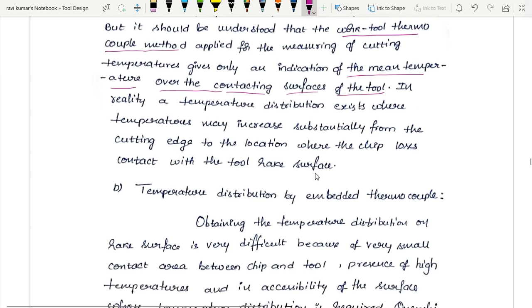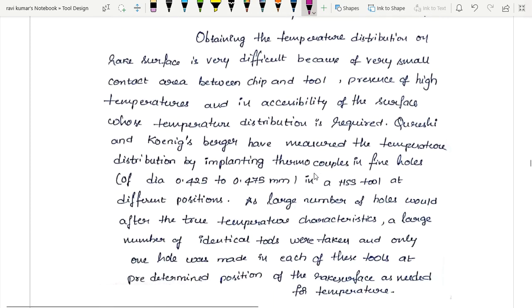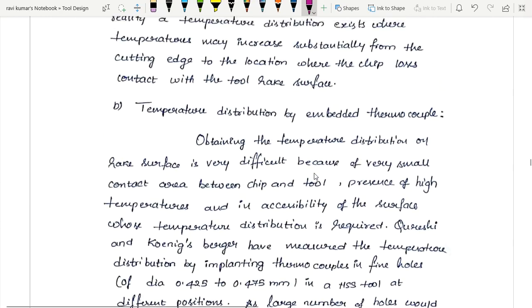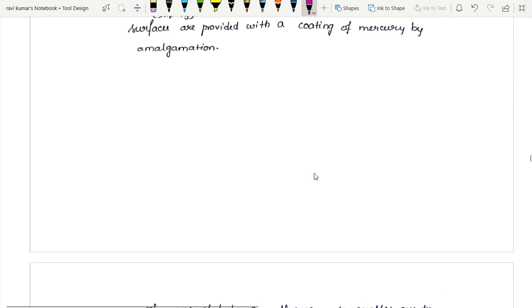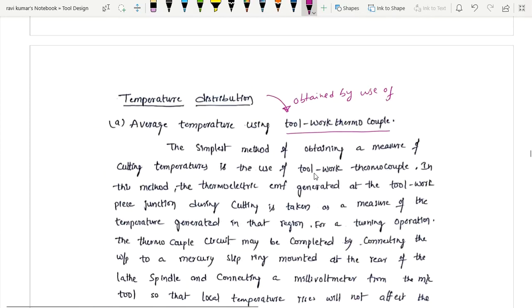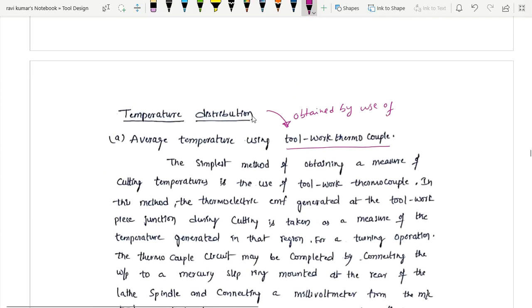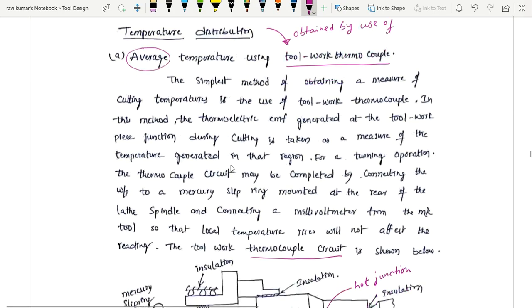If you want to have the complete temperature distribution, we have to go for other methods. The tool work thermocouple method is not going to give temperature distribution. It gives only average temperature in the cutting region, right? So what is the use of this average temperature?